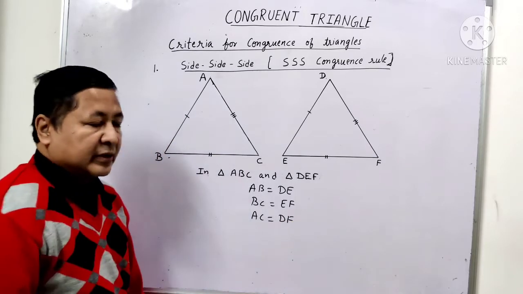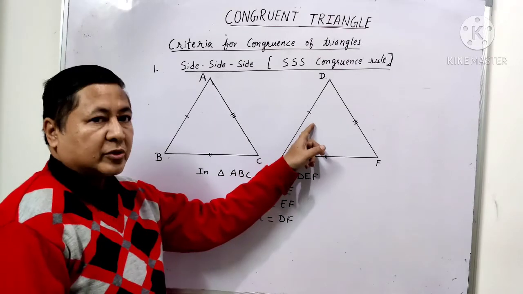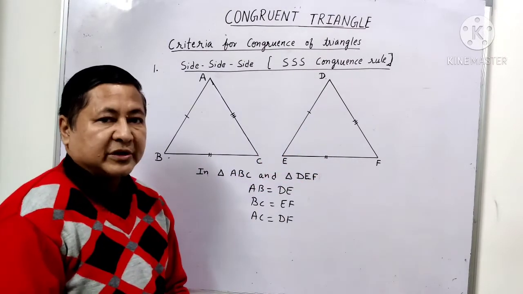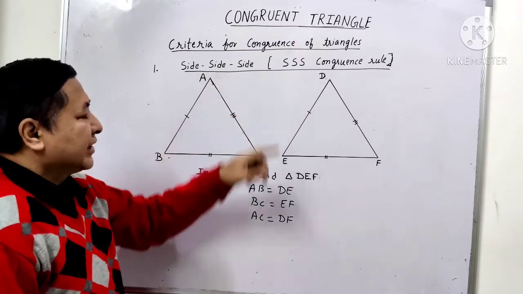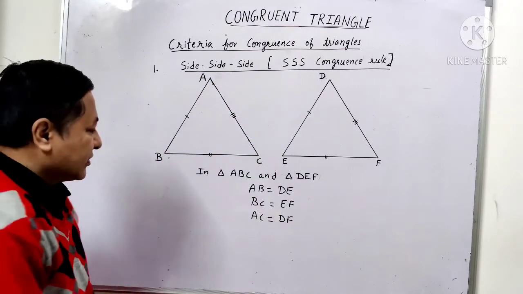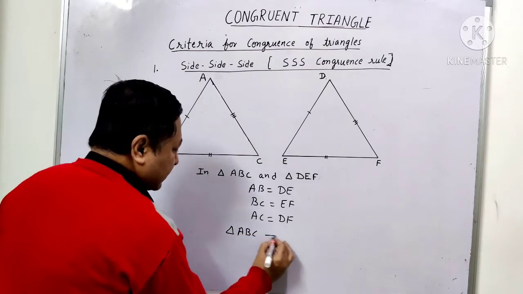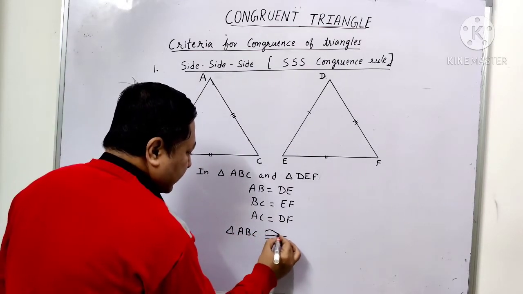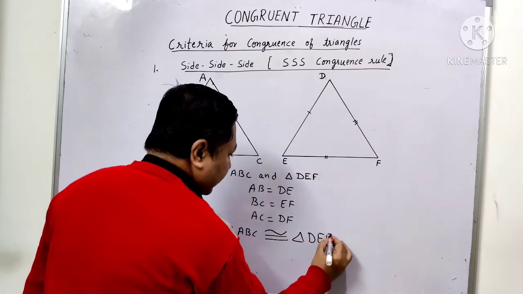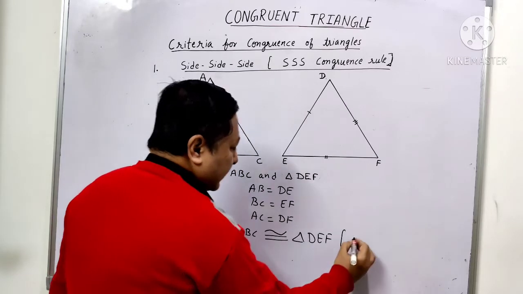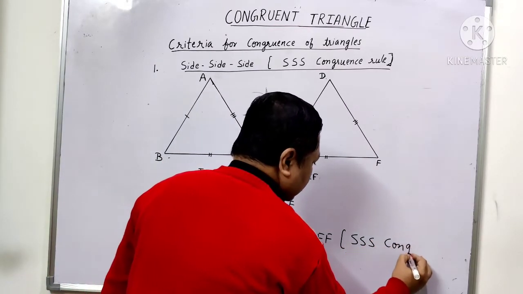So we can see that all three sides of triangle ABC are equal to the corresponding sides of triangle DEF. Therefore they are congruent by the rule that is side side side, known as the SSS congruence rule.